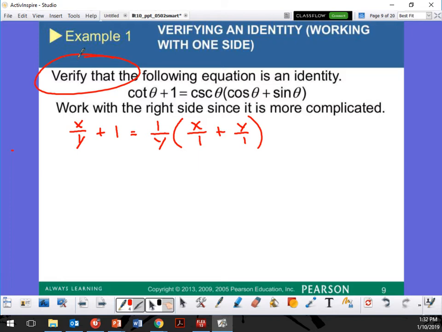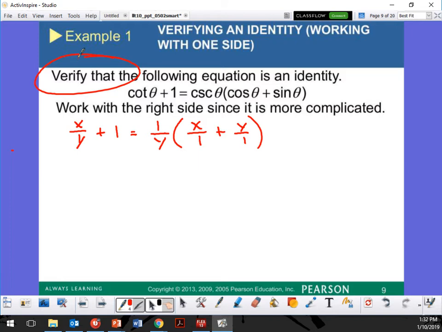The more complicated would be like saying 5 over 10. The least complicated way of saying the exact same thing would be 1 over 2. 5 over 10 is more complicated, right?